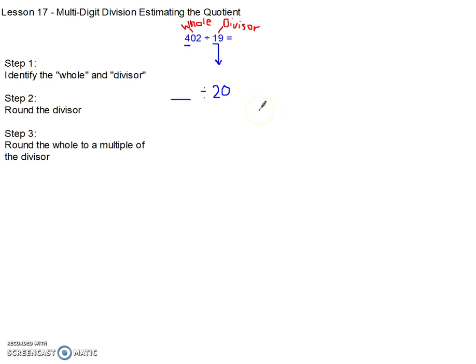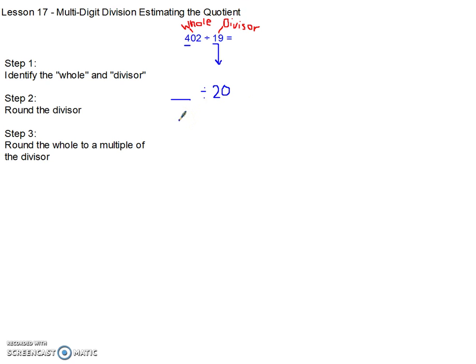So the multiples of 20: 20, 40, 60, 80, 100, 120, 140, 160, 180, 200. And I'm going to jump up to 380, knowing how it goes in multiples.